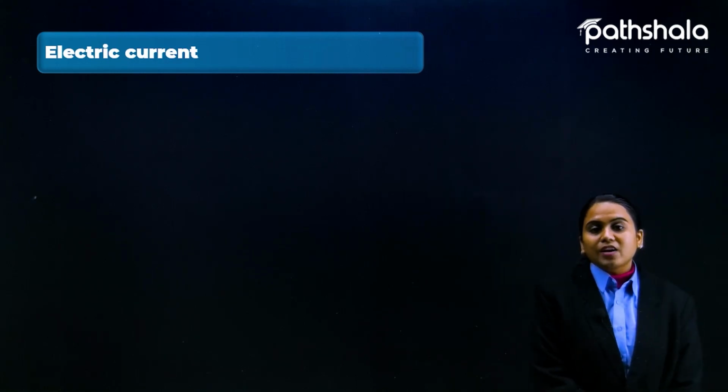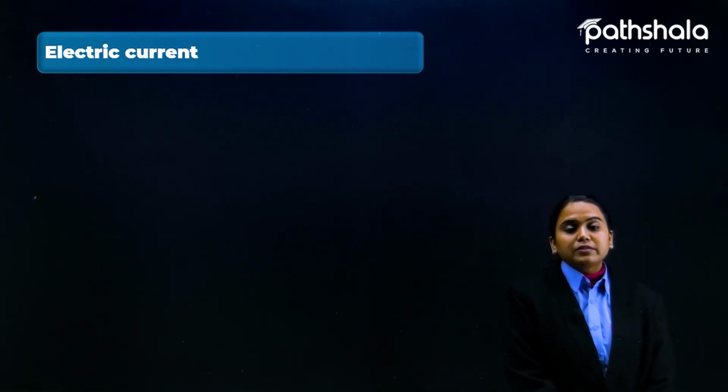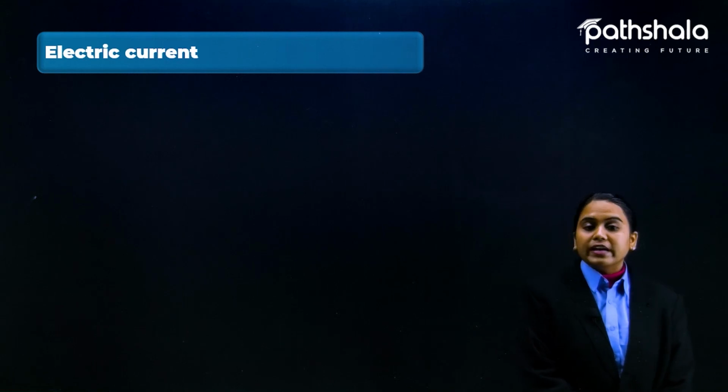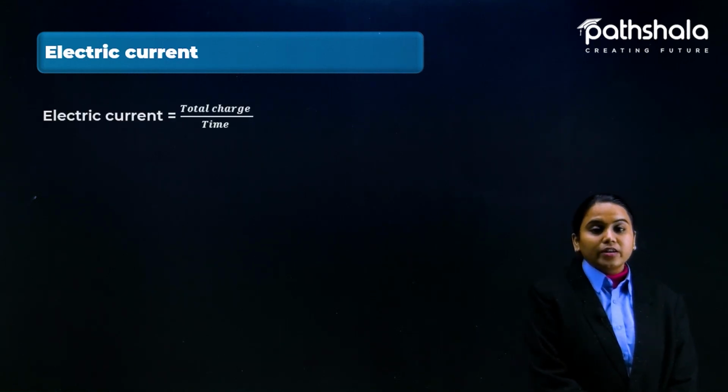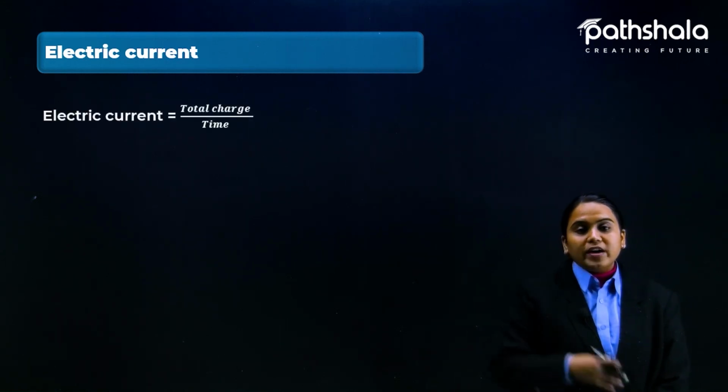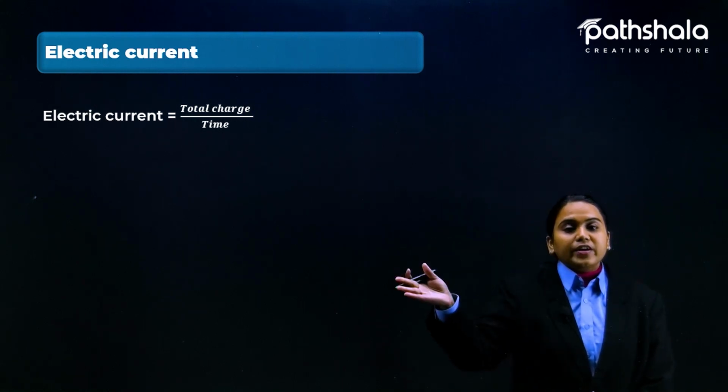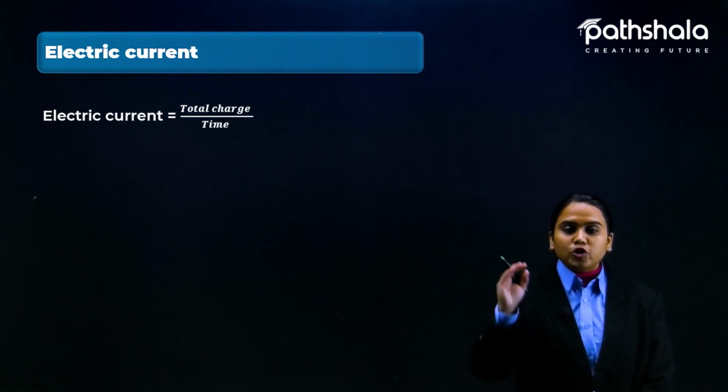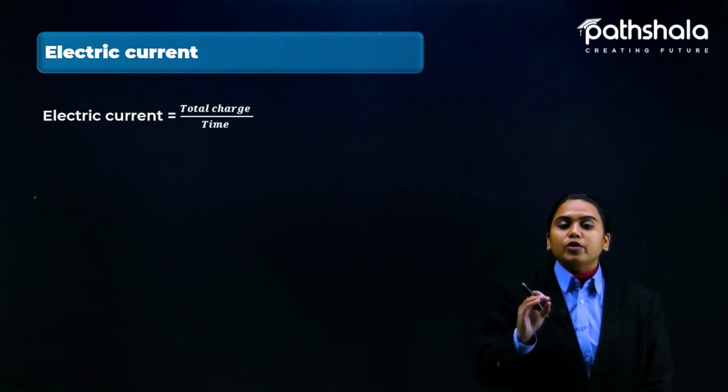Now the measurement of electric current. As we have seen, the rate of flow of electric charges is the electric current. So we can formulate that the electric current is the total amount of charge flowing in a particular time.